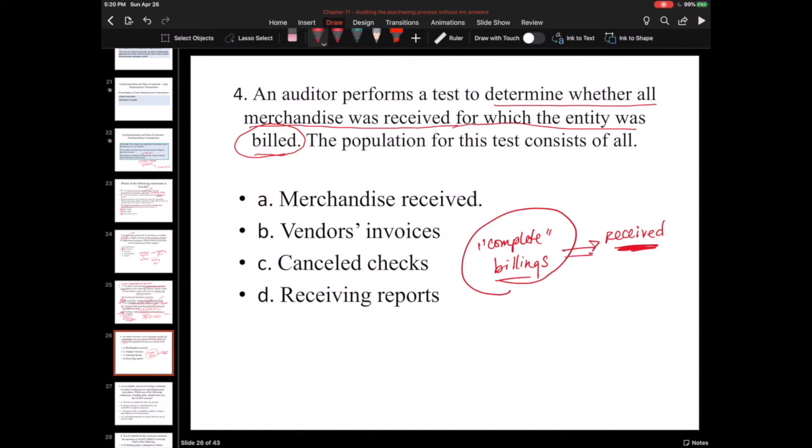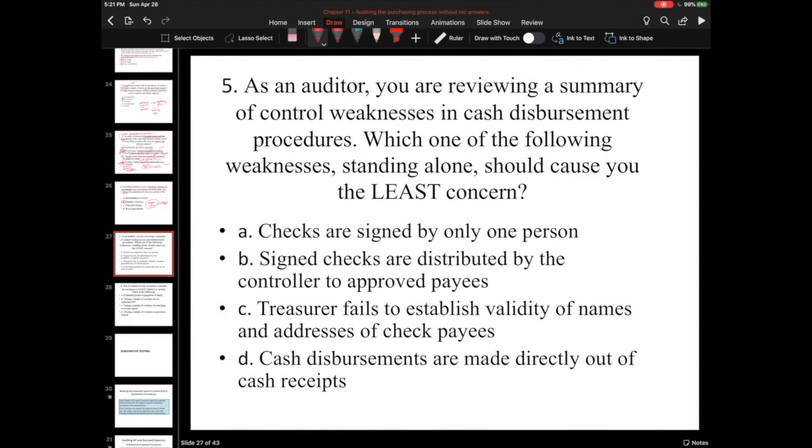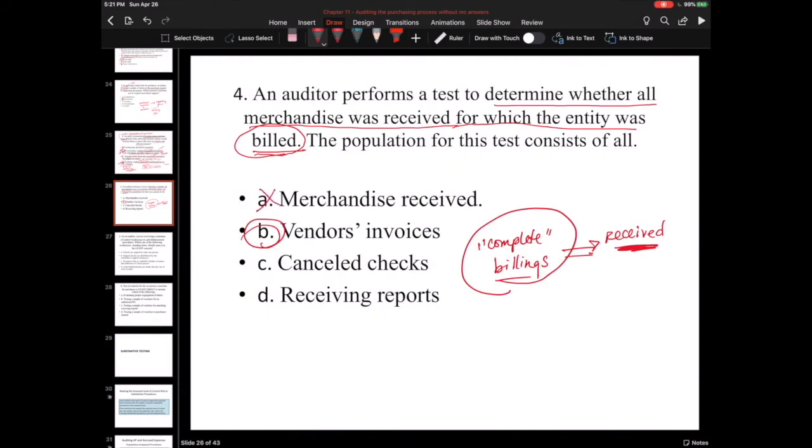Now, the other half of this question is it requires you to translate bills into, okay, what is the technical term for this? Which is vendors' invoices. And A is stuff I received, D is stuff I received. So A and D are actually the same answer, more or less. D is technically what I recorded I received. And C is what I paid for, not what I was billed for. So C and B are distinct.